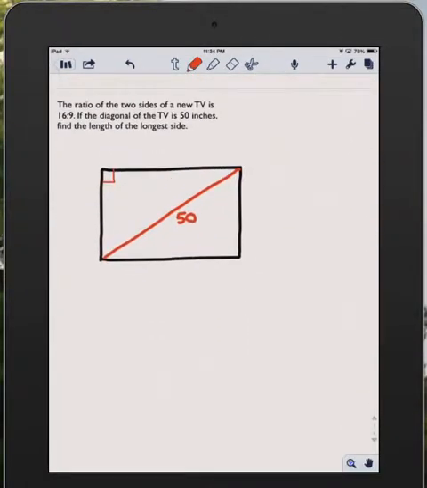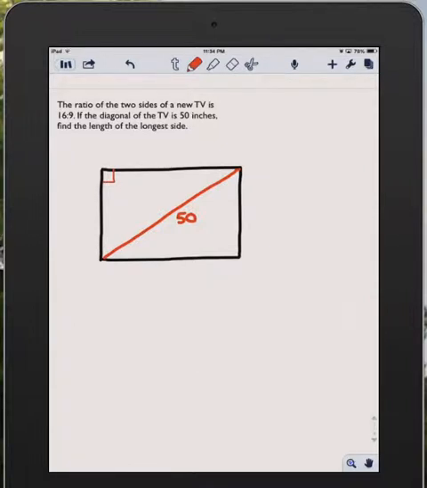And an excellent problem, putting the last couple of chapters together. We have the ratio of the two sides of a new TV is 16 to 9. If the diagonal of the TV is 50 inches, find the length of the longest side.